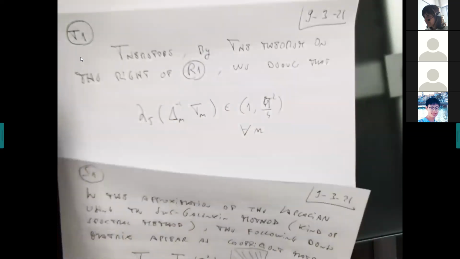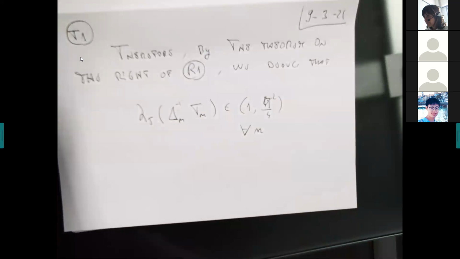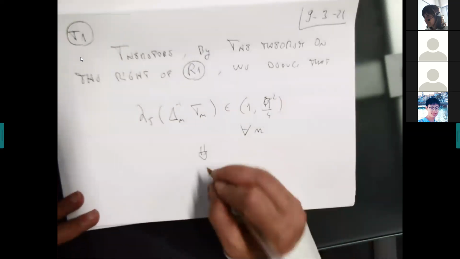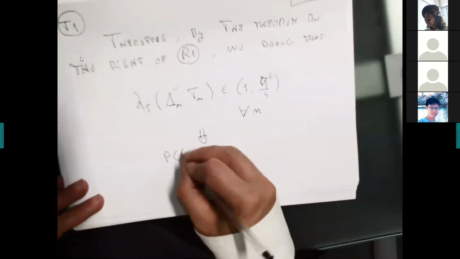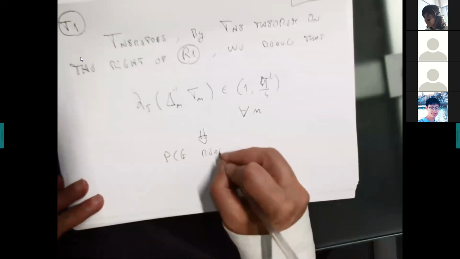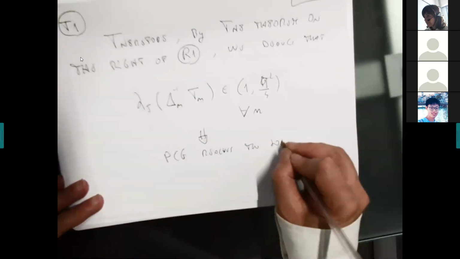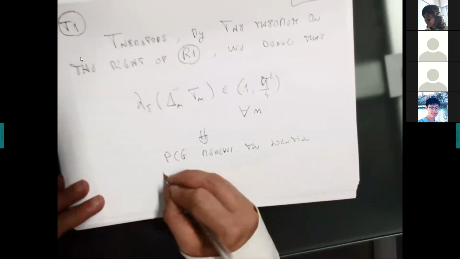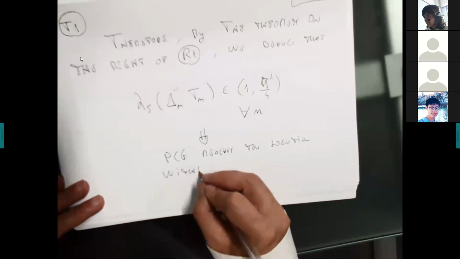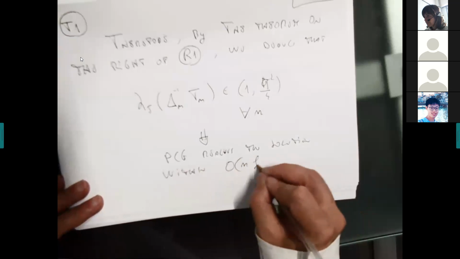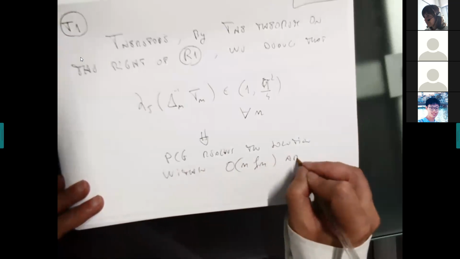So n 100 or n 1 billion is the same, which implies that PCG is the solution within order n log n arithmetic operations.